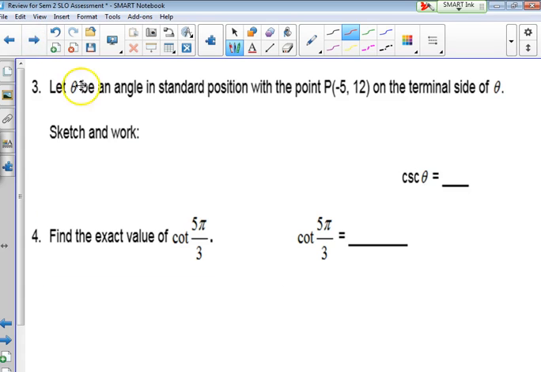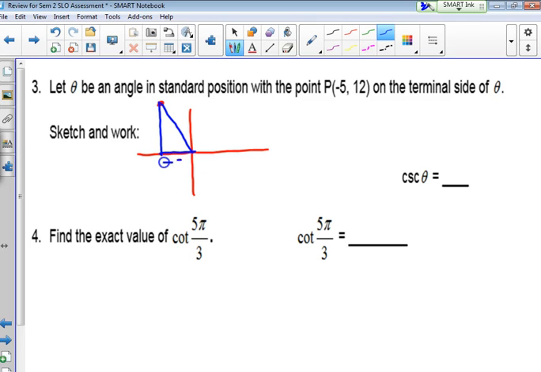All right. Ideas on number 3? All right, so left 5 and up 12 we'll say is over here somewhere. Then what? Do my little bow tie triangle, right? Connect it to the nearest x-axis and to the origin.